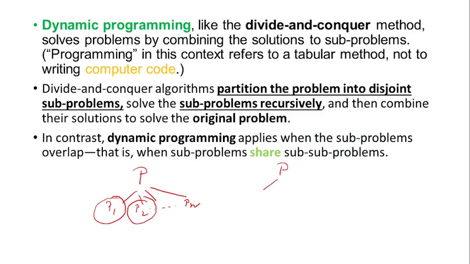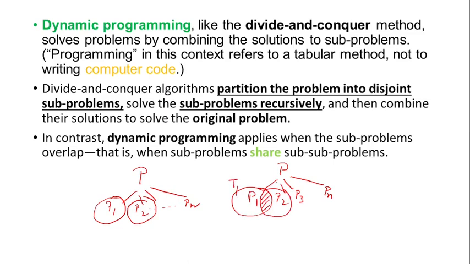That means P will be divided into many subproblems, P2, P3, Pn. If this is P, this is my P2. So there is a shareable portion. That means P1 is sharing with P2. Every time subproblems are solved, it will generate a table.